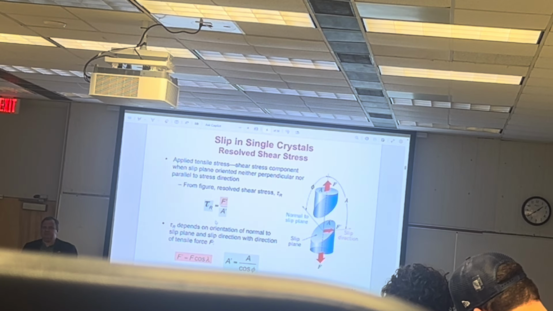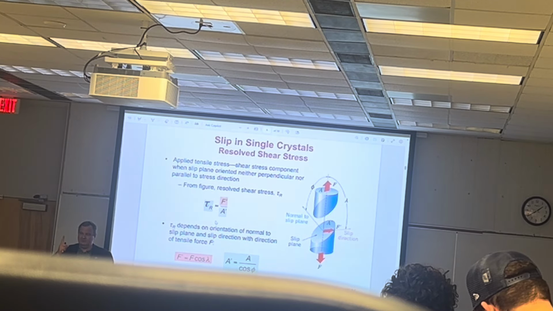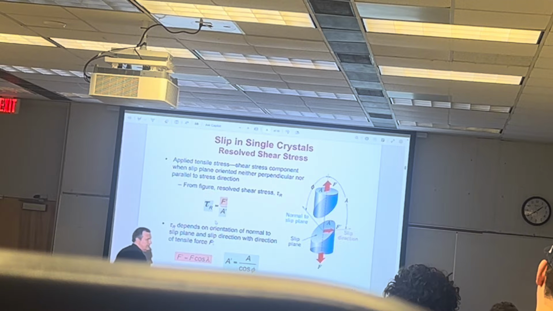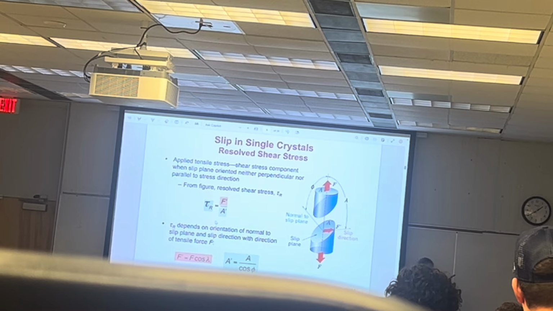So the difference in material science that deals with critical resolved shear stress compared to mechanics is that in mechanics there is only one angle, but here we have 2 angles because it has to do with the slip direction. In mechanics, it would be this force. And that's the difference.